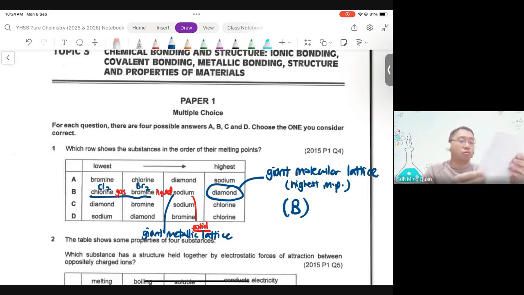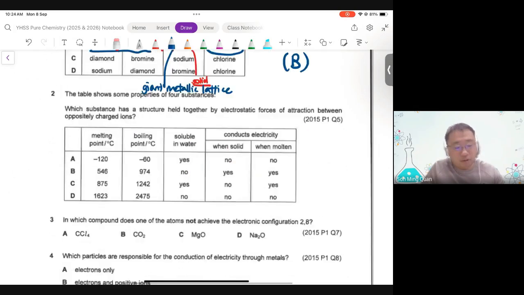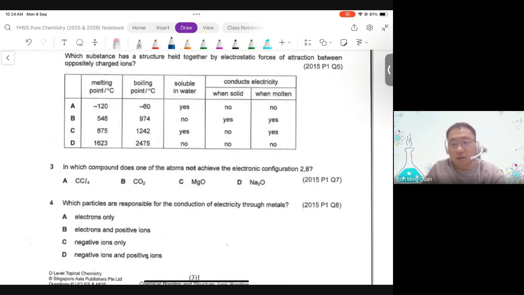Now, let's go to question number 3. So if you can just turn to question number 3, again, I'm going to set up the poll. Q3, A, B, C, D. Okay, so now let's launch the poll for Q3. In which compound does one of the atoms not achieve the electronic configuration 2,8?